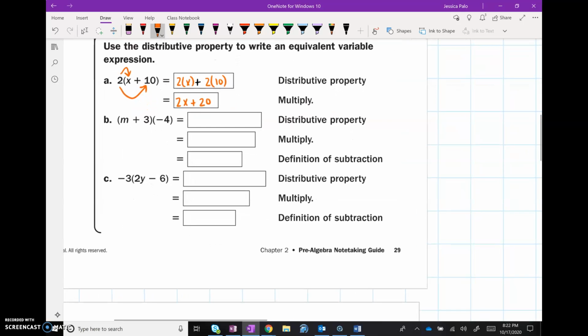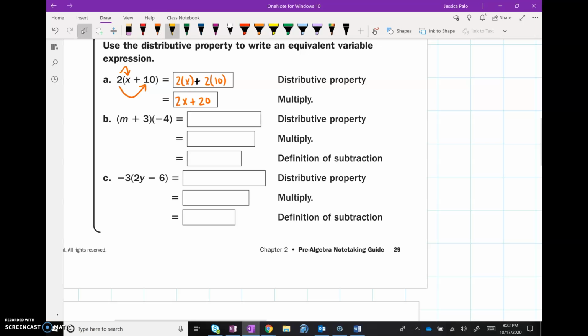Next, we're going to do example B. We have m plus 3 times negative 4. m plus 3 and negative 4 are factors. They're being multiplied.